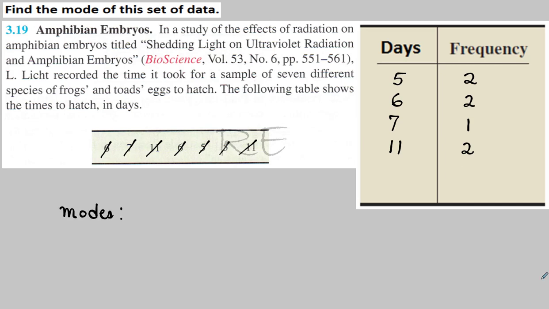So the modes are 5 with 2 as its frequency, 6 with 2 observations, and 11 with 2 observations. We say that the data is trimodal data.